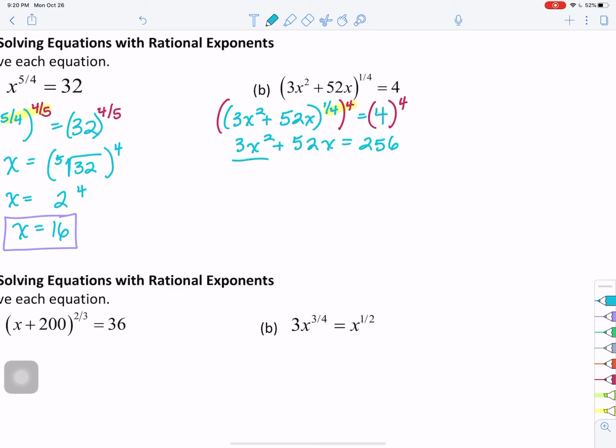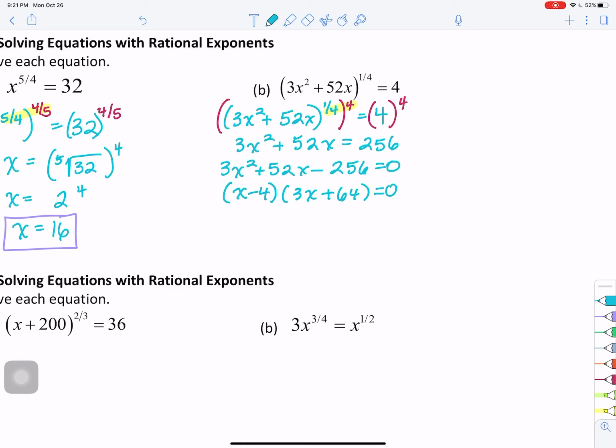Now we have an x squared term, an x term, and a constant. Everything needs to come to one side of the equation. I'll bring it over here to the left. 3x squared plus 52x minus 256 is equal to 0. If you go and factor that, it's quite a big one, so you should pause the video and factor that. But you will end up with x minus 4 multiplied by 3x plus 64, and you'll have that equal to 0.